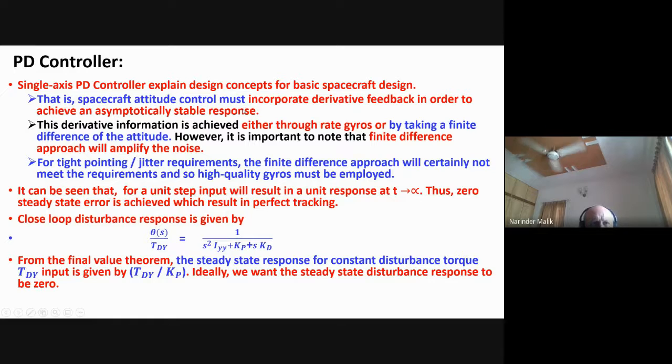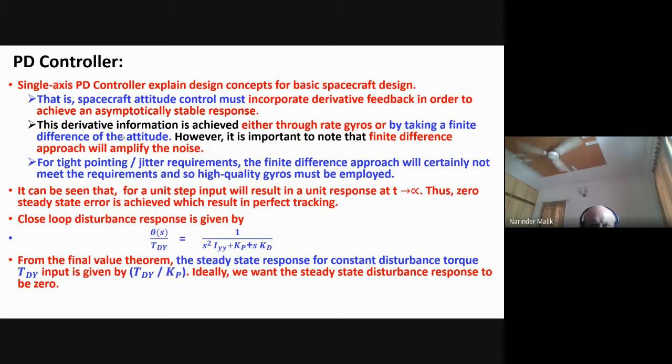Number one, derivative information is achieved either through rate gyros or by taking a finite difference of attitude. That is, theta dot is required. Either you can use a rate gyro, which directly gives you theta dot, or you can take the difference of two successive sensor outputs and derive the rate information.